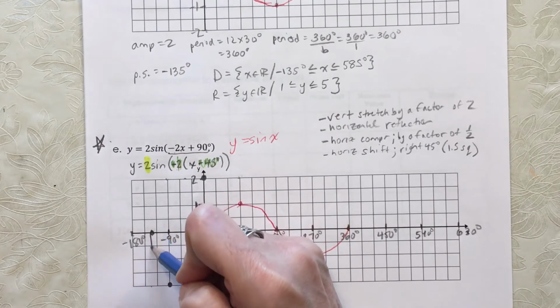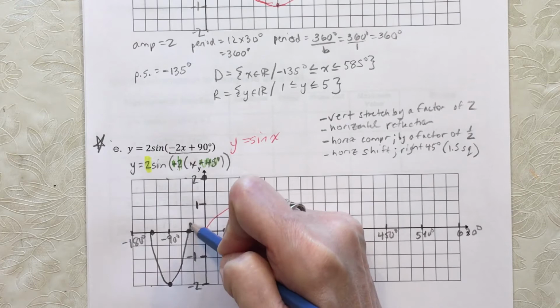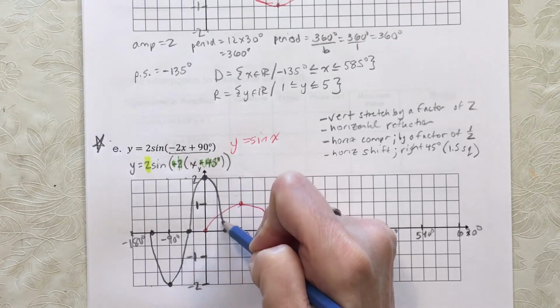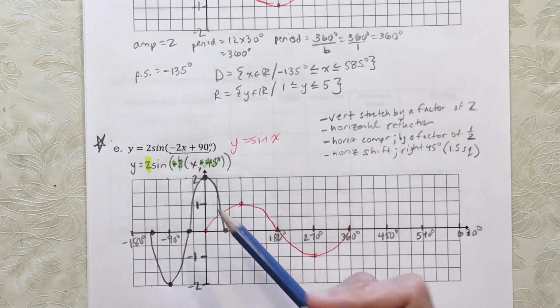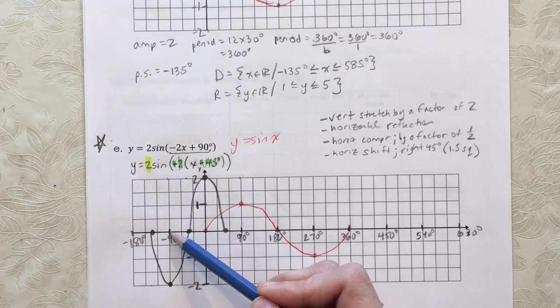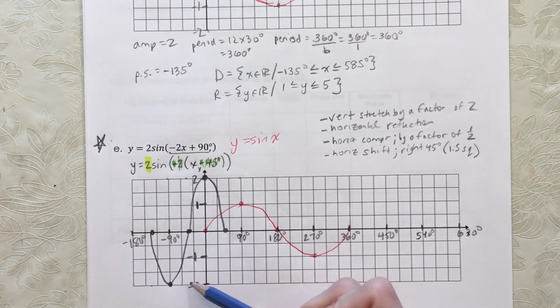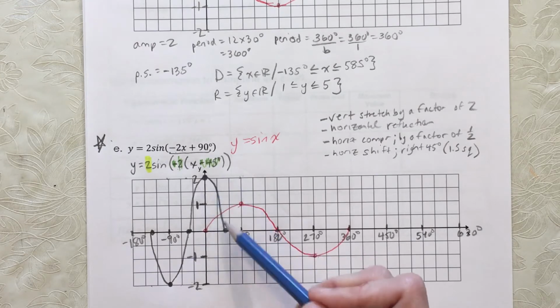So I've got a frown and a smile. And then there should be a pattern that I can see to get from point to point. So it's over 1.5 squares down 4, over 1.5 up 4, over 1.5 up 4, over 1.5 down 4.